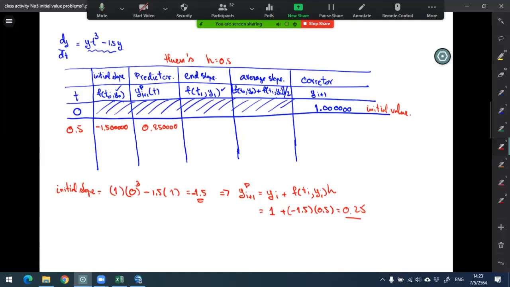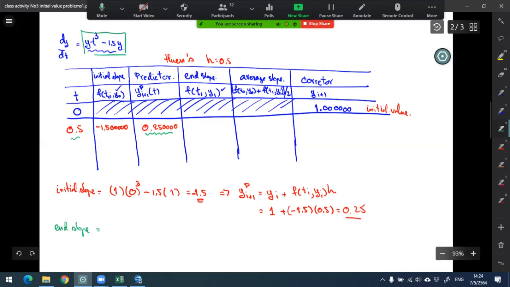After that, we use this value, t equal to 0.5 and y equal to 0.25, to find the end slope. The end slope, we have to use this formula, right?